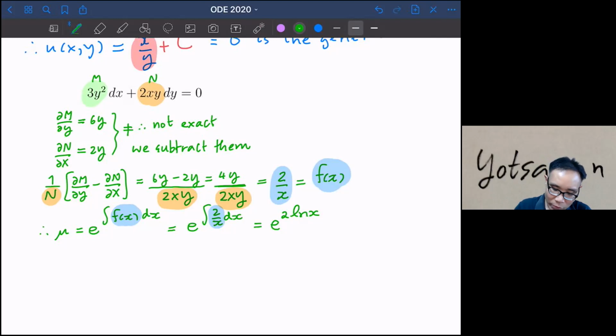And the algebra that you have to do is here. You're going to move the 2 up, so this will be written in terms of log x squared. So this 2 turns out to be up here.